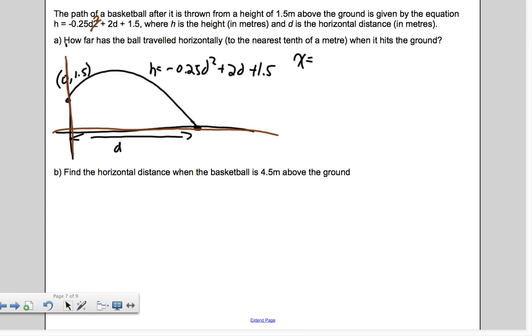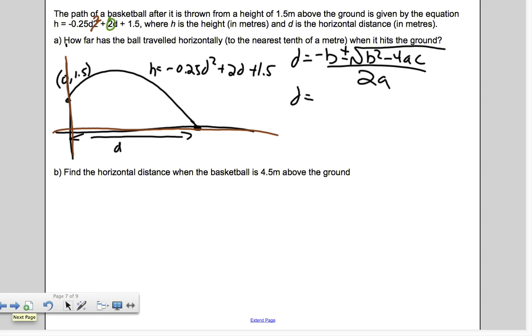So x, or in this case it's not x, it's d, is equal to minus b plus or minus the square root of b squared minus 4ac all over 2a. So what's the value of b? The value of b is 2 here. So minus 2 plus or minus the square root of 2 squared minus 4, and what's the value of a?